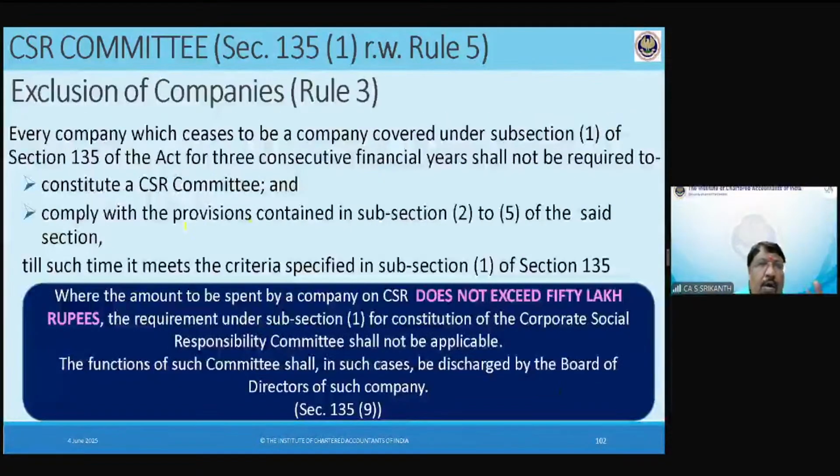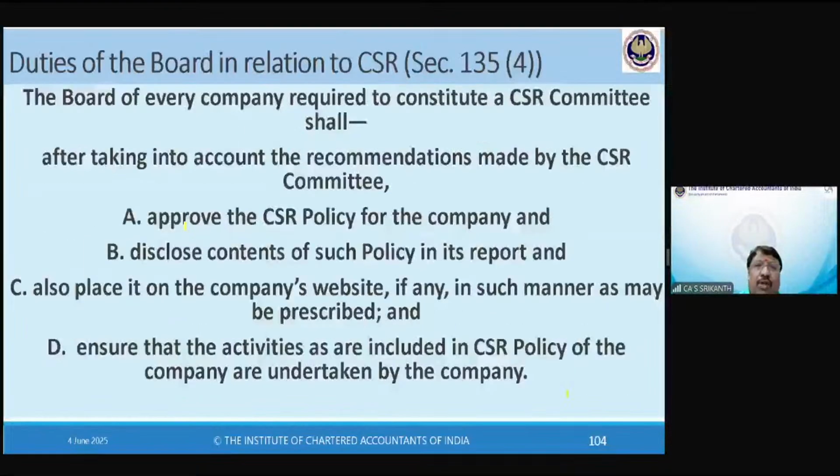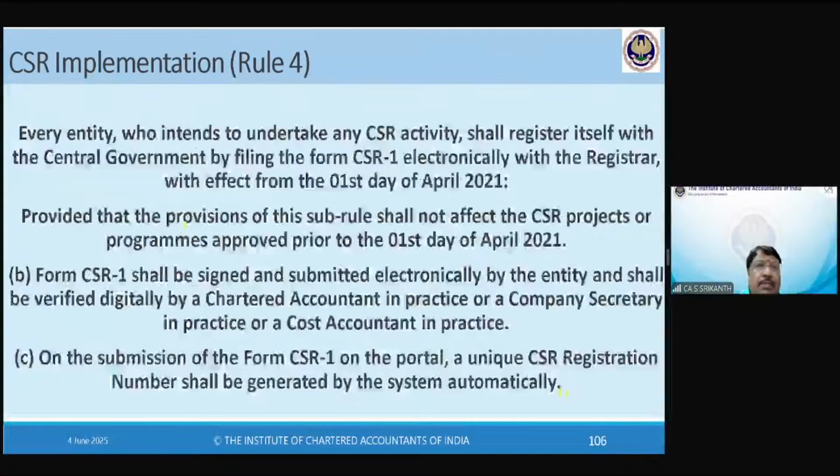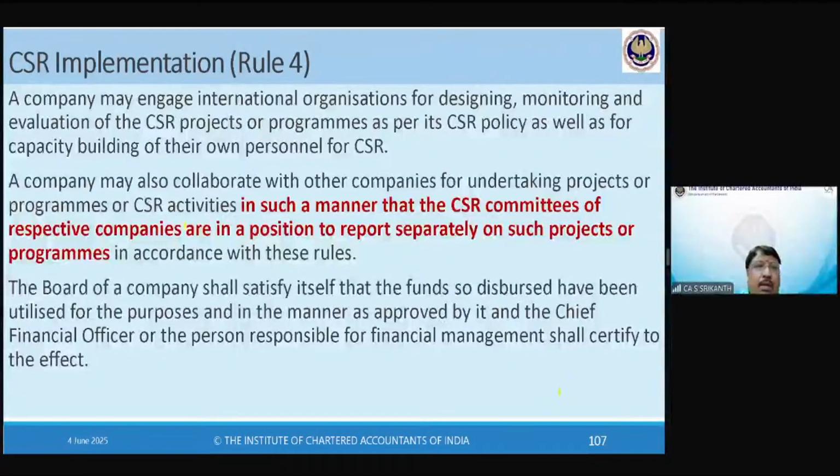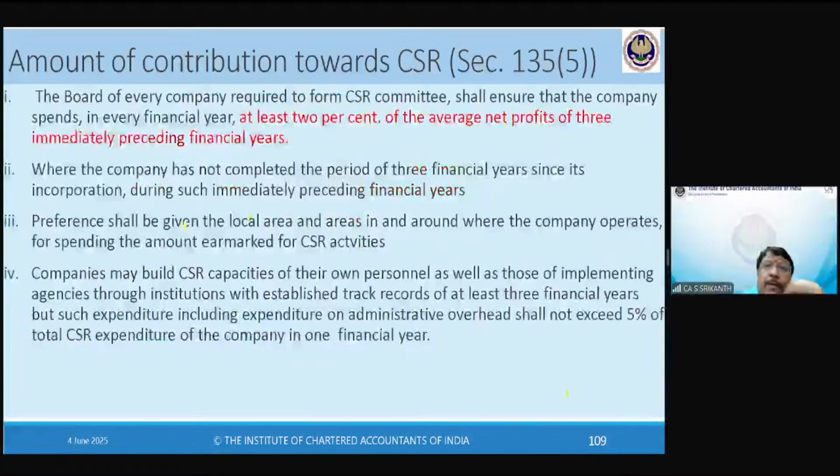Quickly, I will go for the percentage and then come back. The board of every company required to form a CSR committee shall ensure that the company spends in every financial year at least 2% of the average net profits of the 3 immediately preceding financial years.